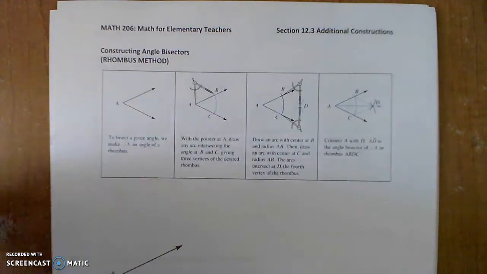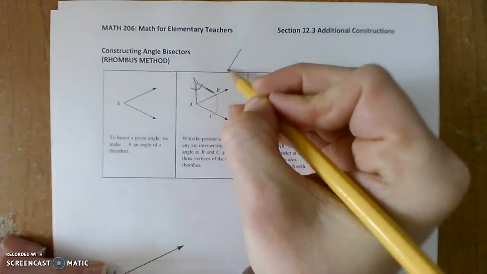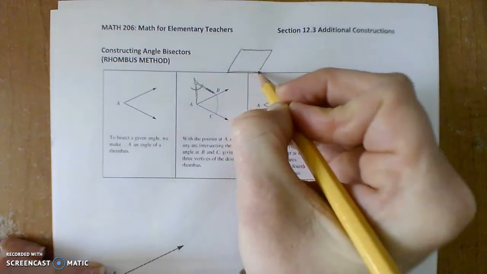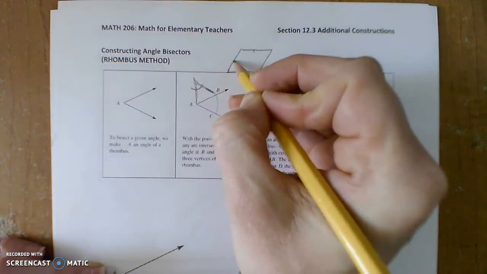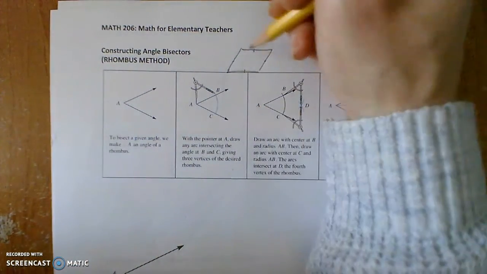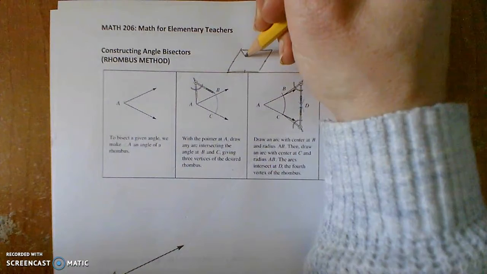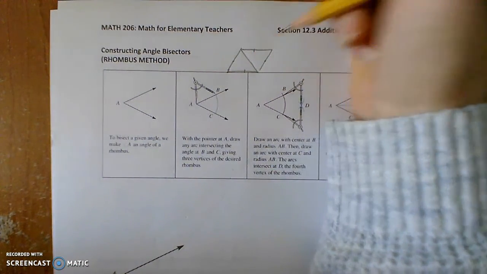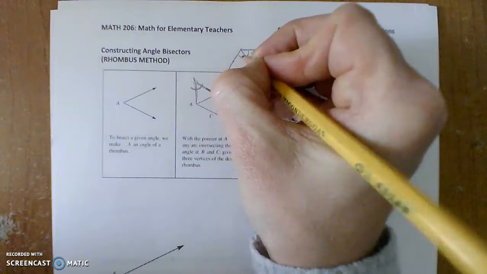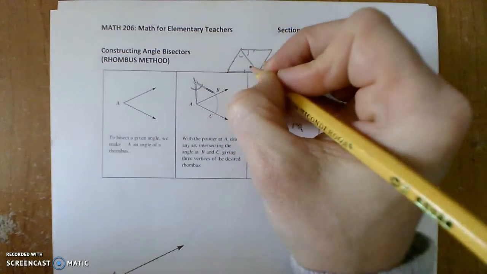So the property that we're using here, and I referenced this earlier, is that if you have a rhombus, opposite sides are parallel, all sides have the same length, and the diagonals of a rhombus bisect the vertex angle.